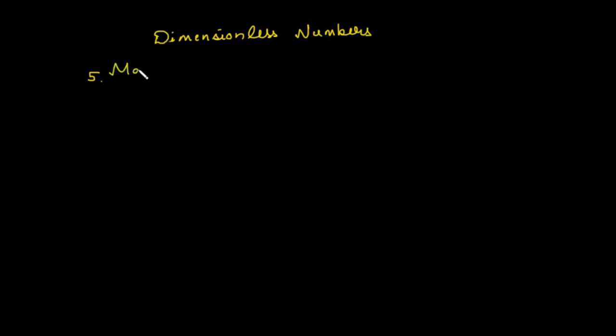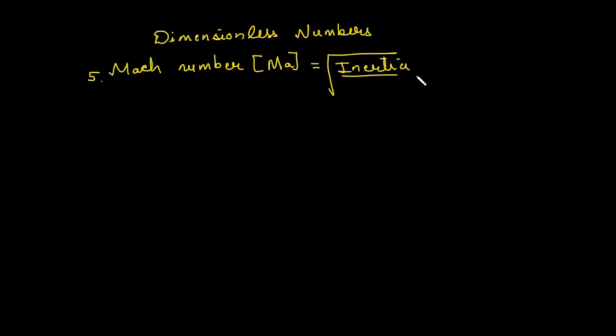The last dimensionless number is the Mach number, represented by capital MA, and it is defined as the square root of the ratio of inertia force to the elastic force. So it is equal to the square root of Fi upon Fe.